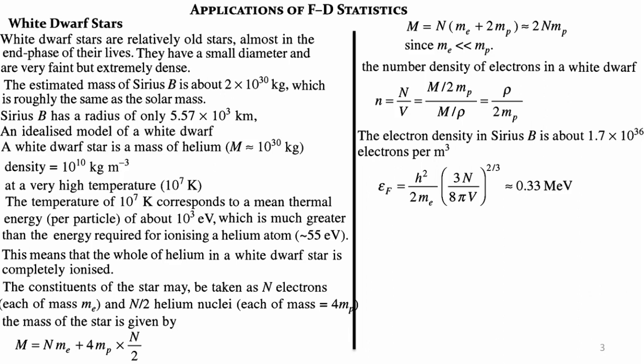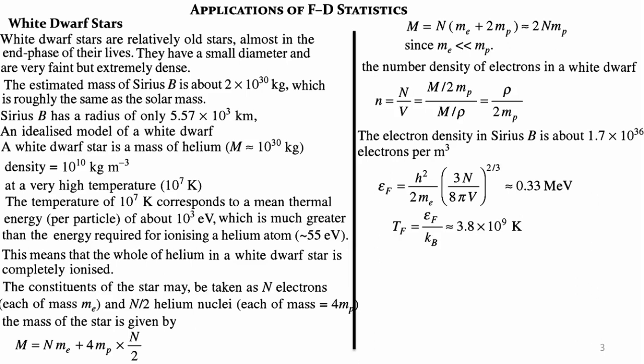It's very high in comparison to the Fermi energy for electrons in typical metals. So the electrons in, say, white dwarf stars are an entirely different system than those in the simple metals which we deal with here on Earth. So this is an altogether different aspect of Fermi-Dirac statistics, applied to a very high electron density system.